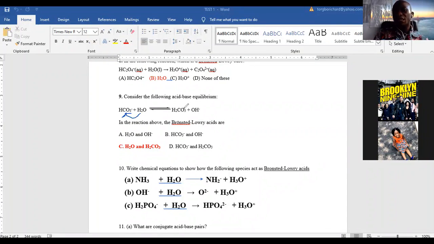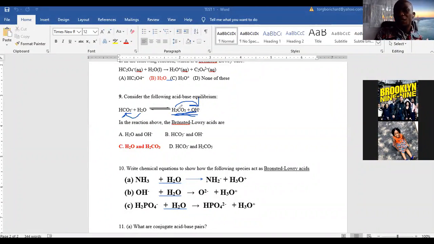And in the reverse reaction, you now treat these two, the carbonic acid and the hydroxide ion, as reactants, then you look at the products that are formed. The products that are formed are water and bicarbonate. Water can only come about from hydroxide if the hydroxide accepts a proton from carbonic acid.